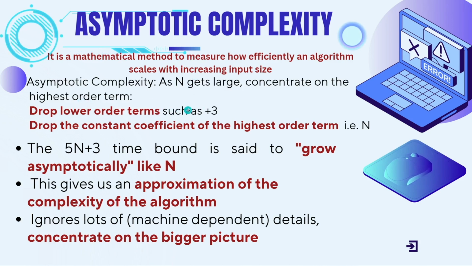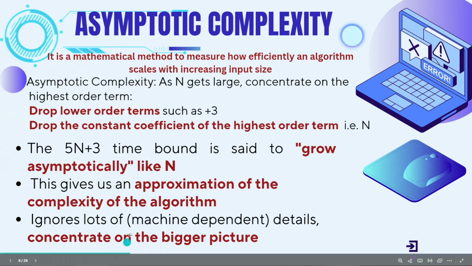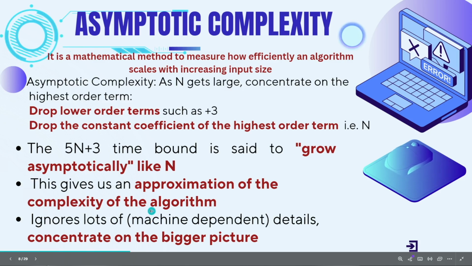So, in f of n equal to 2n plus 1, we will be ignoring the constant part, and we will also be ignoring the coefficient of the highest order term. So, we say that the algorithm's complexity is of the order of n, and we use asymptotic complexity to get an approximation of the complexity of that algorithm.